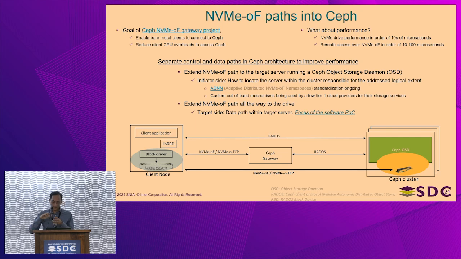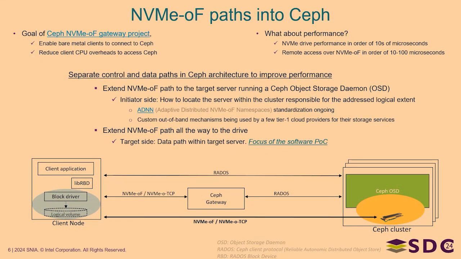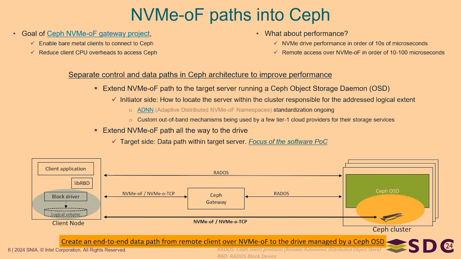That is the focus of the software proof of concept: the target data path, or the data path within the target server, which will allow us to do this end-to-end from a remote client over NVMe over Fabrics to the drive within a Ceph cluster.